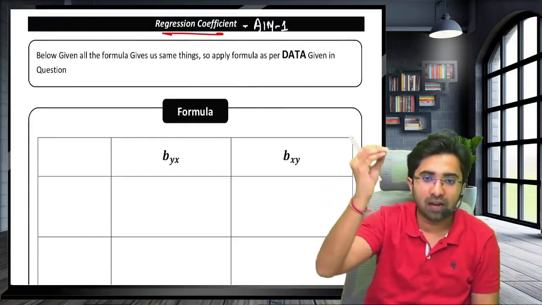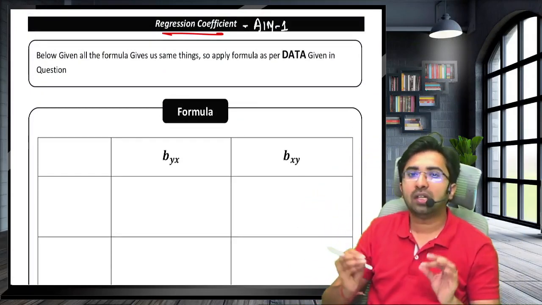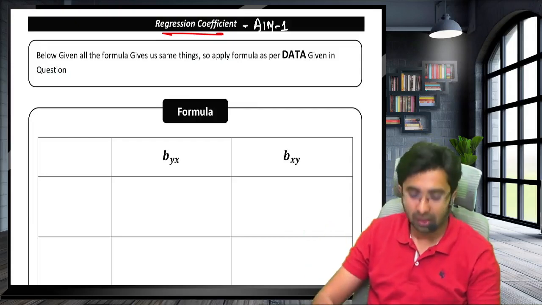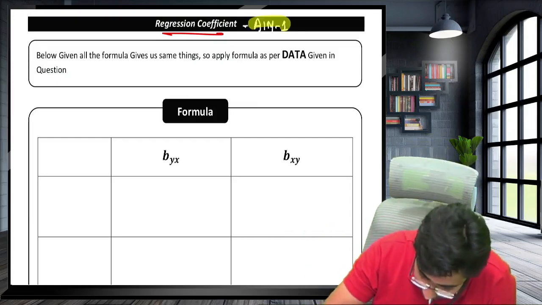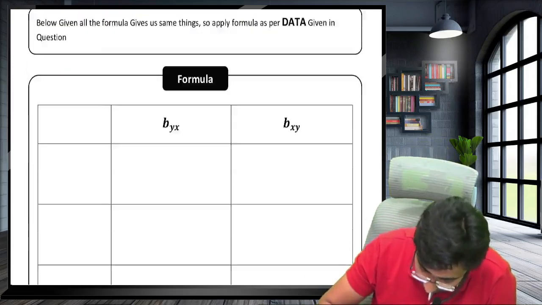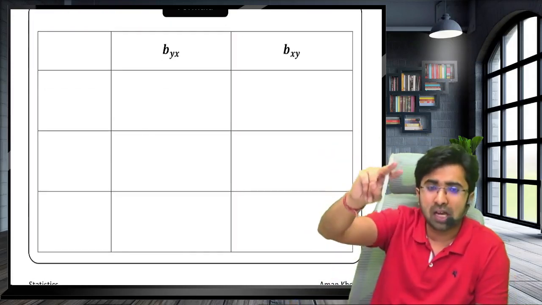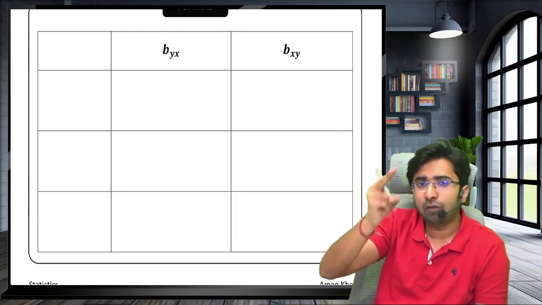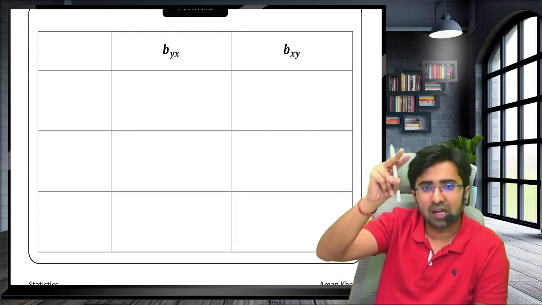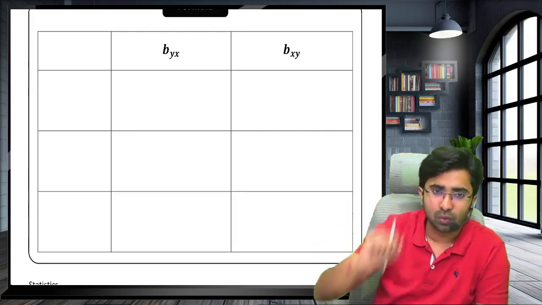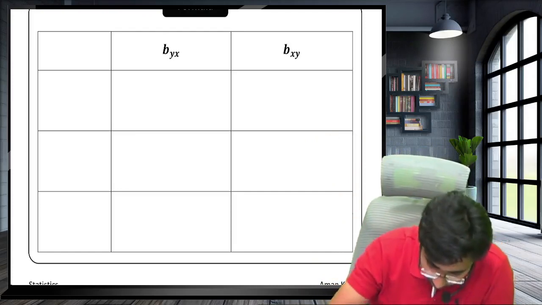If you do not have the value of b, you cannot construct the regression equation. That's why we have to achieve the first aim, that is, get the value of b. So if we have to calculate y on x, we calculate b y on x. And if we want to calculate x on y, we need the value of b x on y. Guys, now write down the formula.